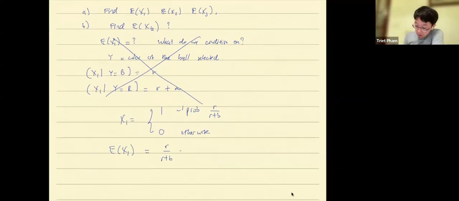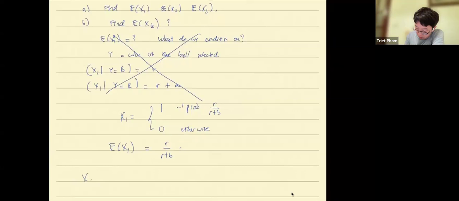It's X2 that starts to be interesting. How do we compute the expectation of X2? Notice X2 is the number of red balls drawn after two selections, and it could take values 2, 1, or 0. However, you see that X2 starts to get complicated. Why?